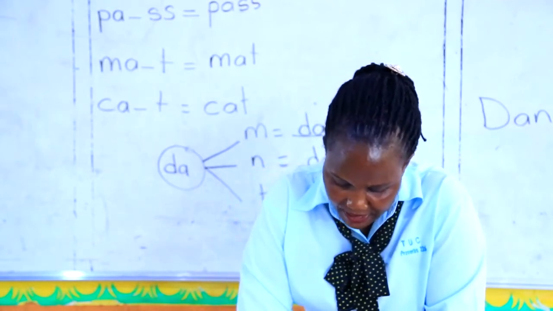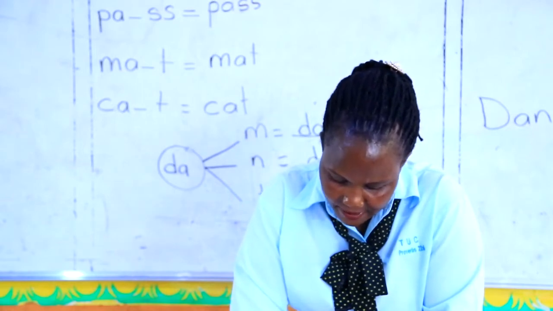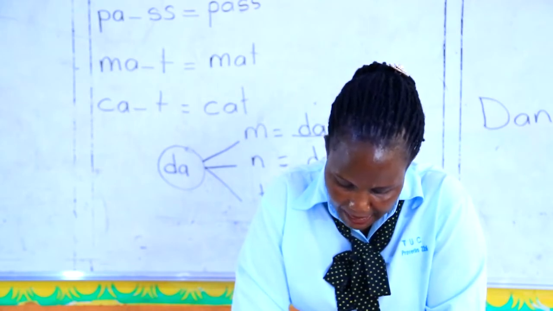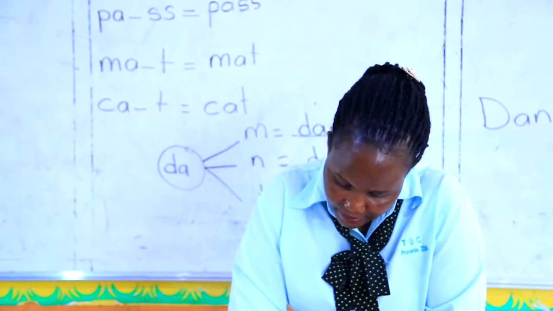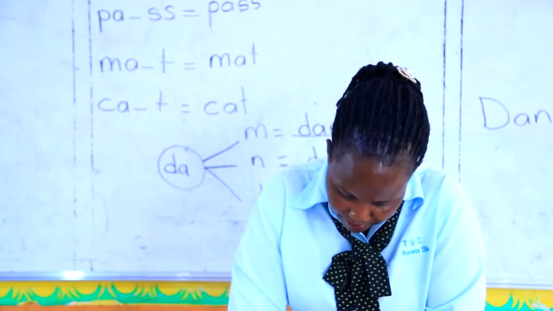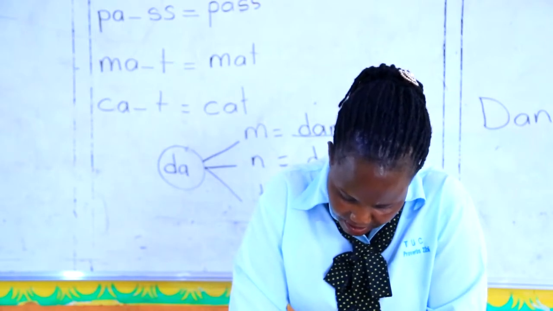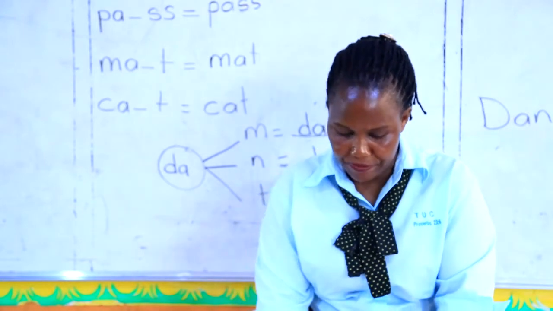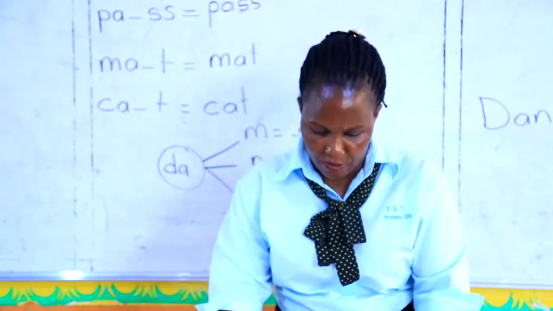Then write for me the word cat, pan, fan, bag. Are we there? Yes, teacher. Write for me the word tap and write for me the word bird. Finished.